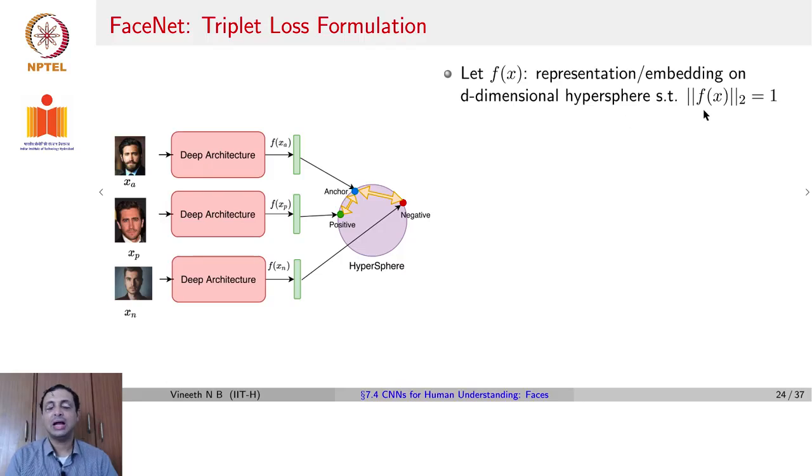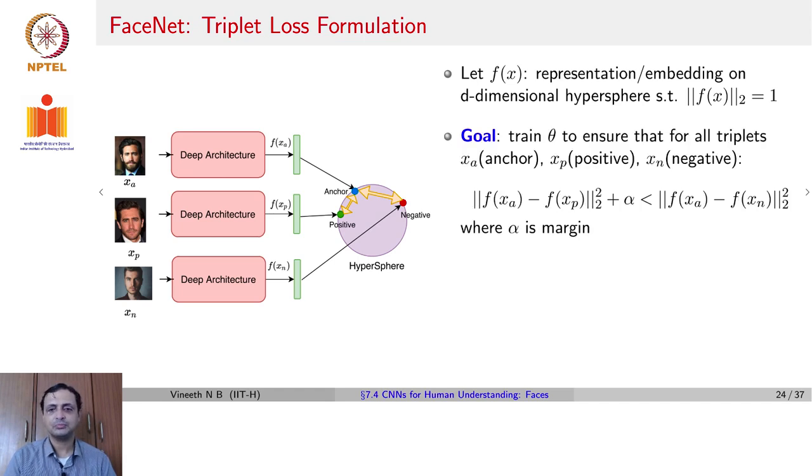You ensure that these representations are normalized so that you get ||f(x)|| equal to 1 for each of these representations. So you normalize those vector representations. Now this would be equivalent to each of these points lying on a unit hypersphere or a unit ball in whichever dimensional space, the 128-dimensional space that you're considering here.